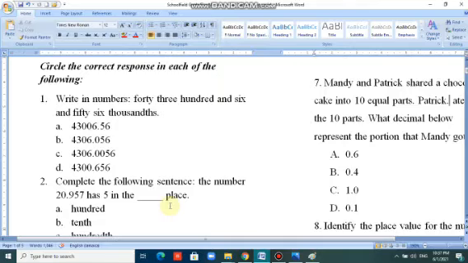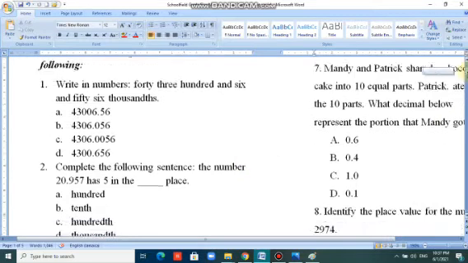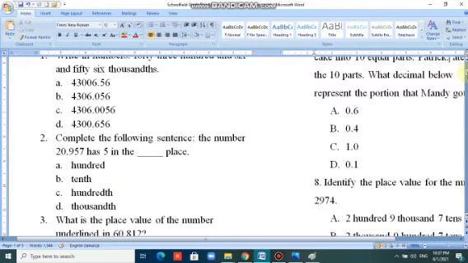Beautiful. So number 2, complete the following sentence. The number 20.957 has 5 in the, that's 5 in the what? It has 5 in the hundredths place. Not hundred now, but hundredths. So the answer is C. Because as I said earlier, any number that comes after the decimal point are fractions or decimals, right?